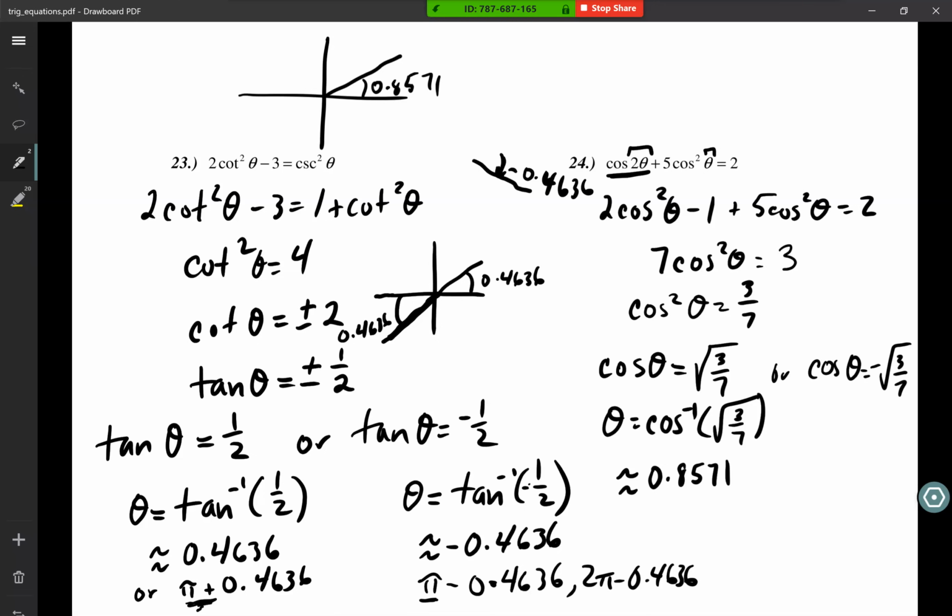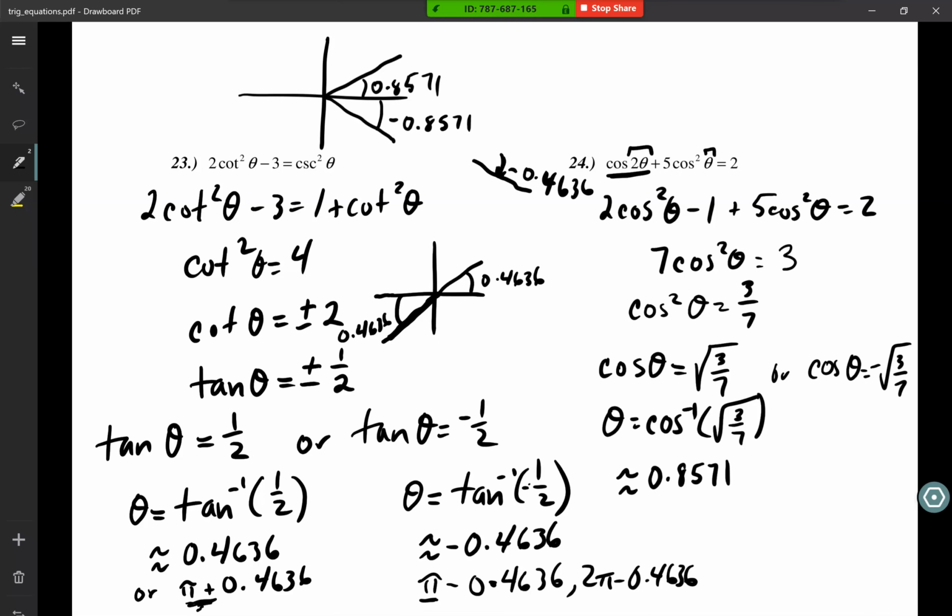But there's another angle between 0 and 2 pi that gives me the same cosine, and that's the one down here in quadrant 4. So I need to go find this angle. Well, I know that this angle is the mirror image. It would be negative 0.8571.